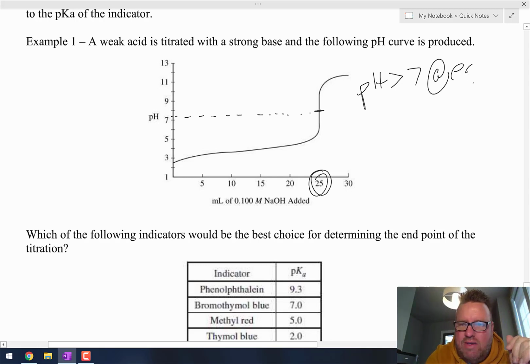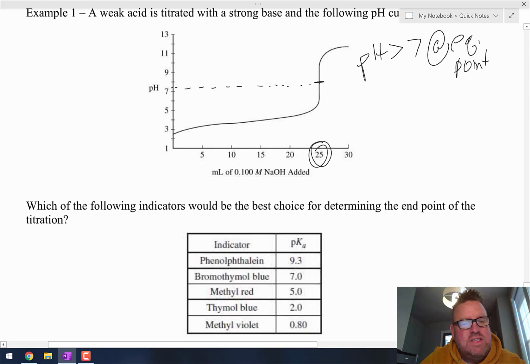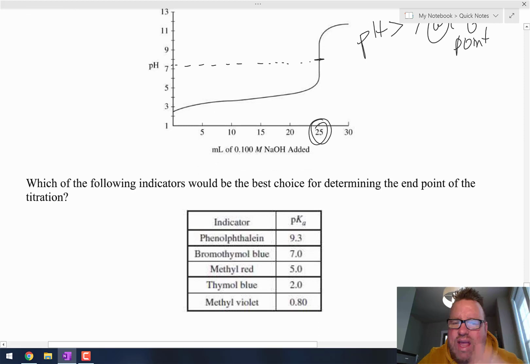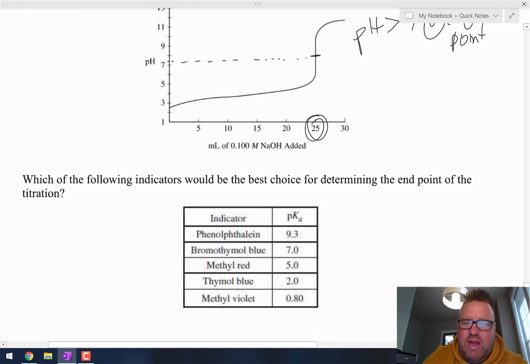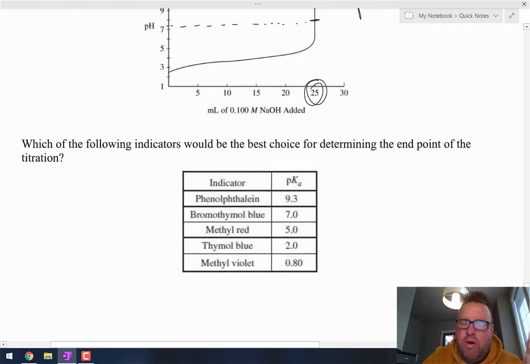So at the equivalence point, if that's the case, what is the best indicator for determining the endpoint? Remember, the indicator is going to change color when it's at its half equivalence point, where the pKa equals the pH of the indicator solution.